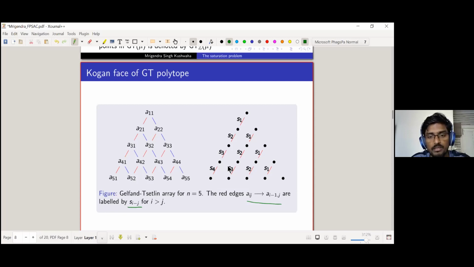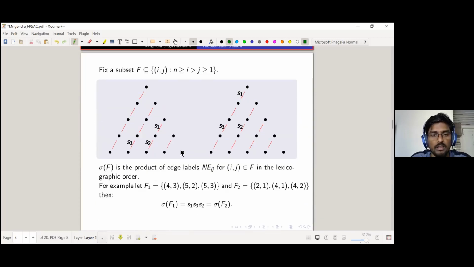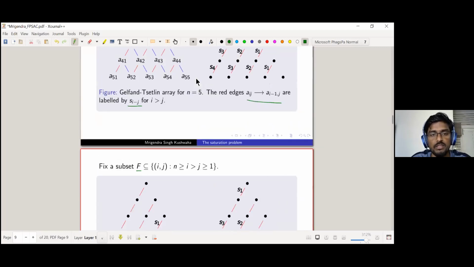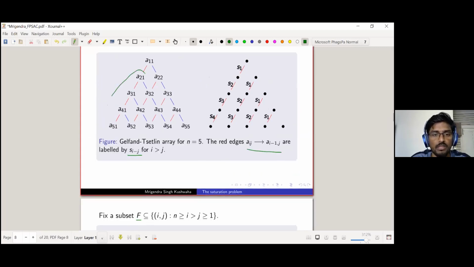After labeling this, consider a subset F of this set. Here I am taking the bigger set, only this part, because if I specify this one, all the edges are already specified.